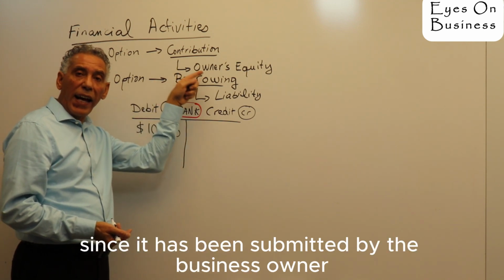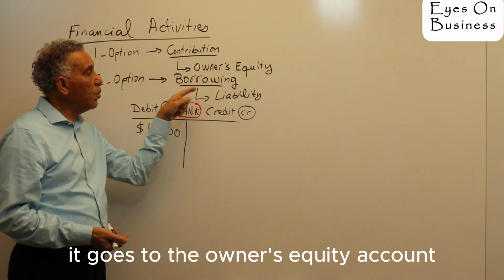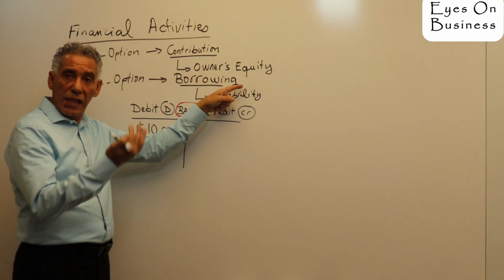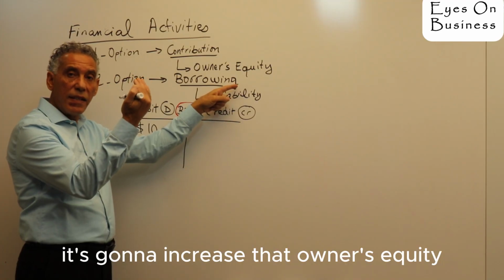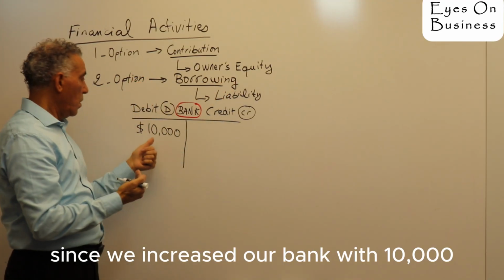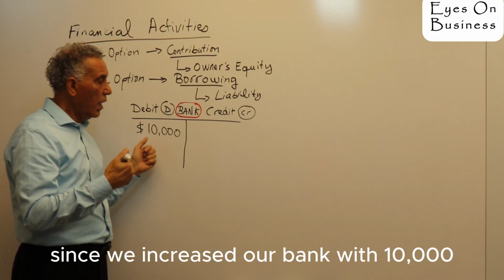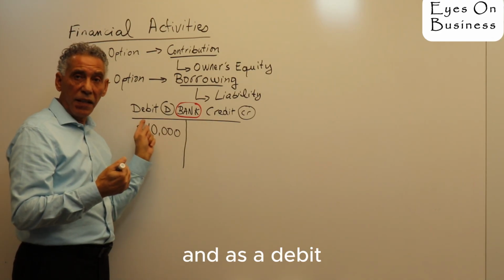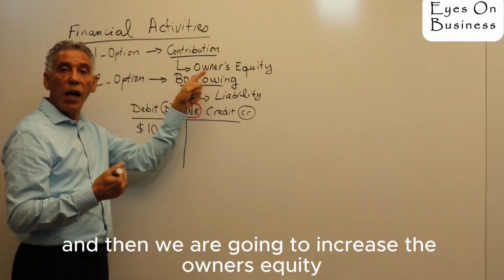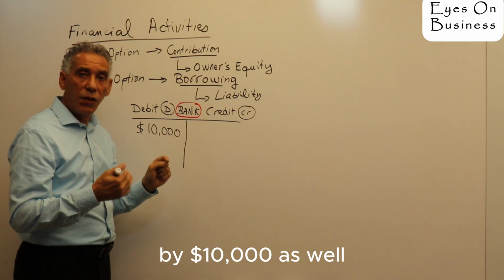Since it has been submitted by the business owner, it goes to the owner's equity account. It's going to increase that owner's equity: since we increased our bank with $10,000 as a debit, we are going to increase the owner's equity by $10,000 as well.